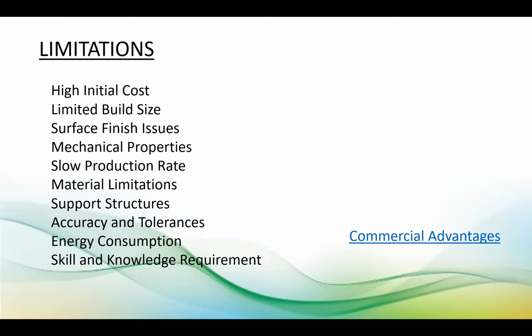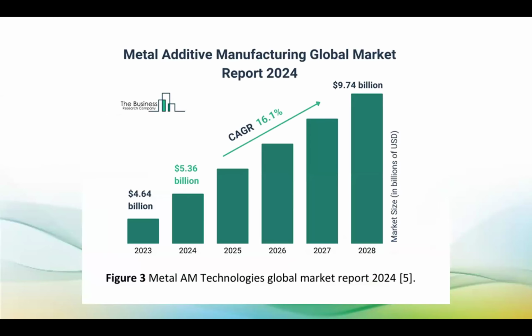Additive manufacturing cannot be used for mass production as it is a slow process. So a number of issues are there. Even in spite of these issues, the number of metal additive manufactured components is increasing day by day.